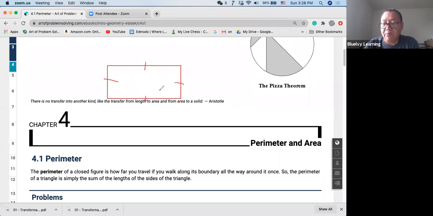Then you get the perimeter, right? If you have a very weird shape, that means you walk along the boundary of this shape. The distance you walk when you return to the starting point is the perimeter of this closed shape, right?